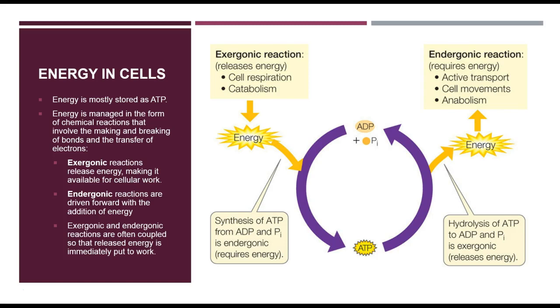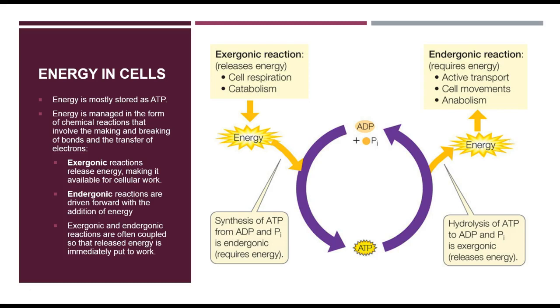So we're talking about energy in cells in this section, and energy in cells is primarily stored as ATP. There are a few other energy molecules, but the majority of energy is stored as ATP.